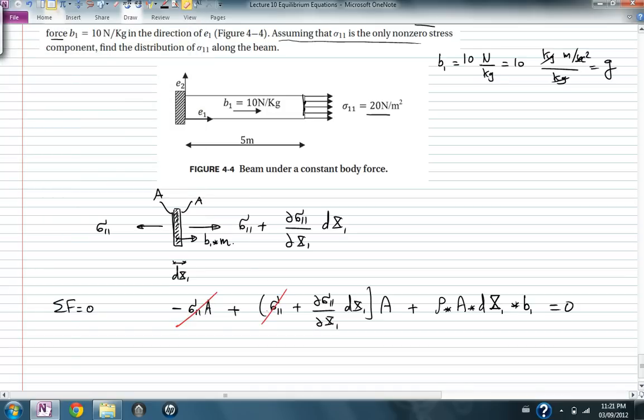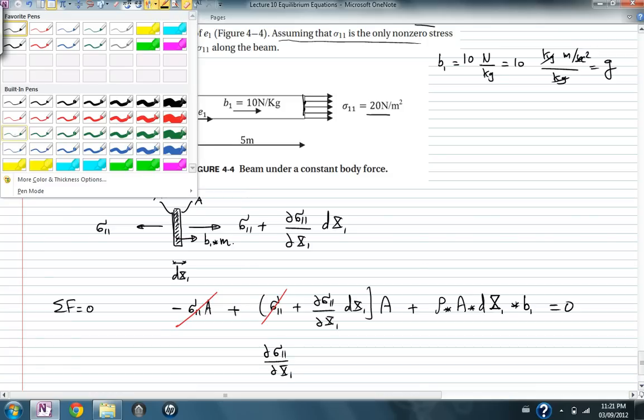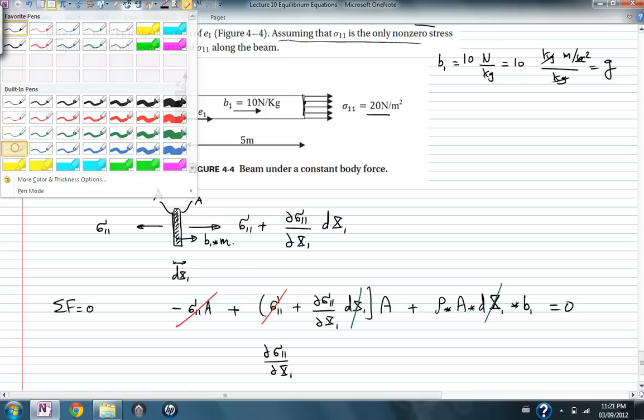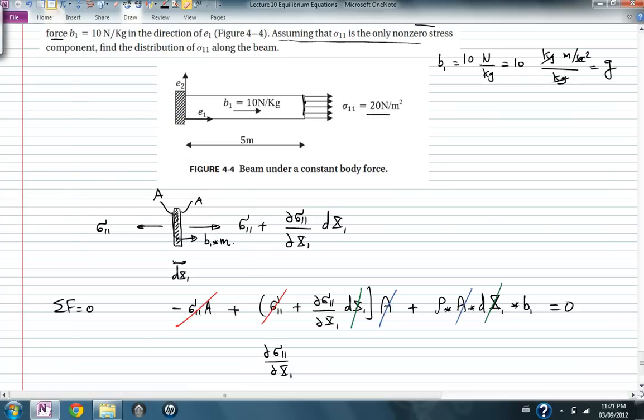Sigma 1 1 will cancel, and you're going to be left with partial sigma 1 1 by partial x1. dx1 will cancel dx1. In fact, the area will also cancel the area, and you'll be left with partial sigma 1 1 by partial x1 plus rho B1 equal to 0.